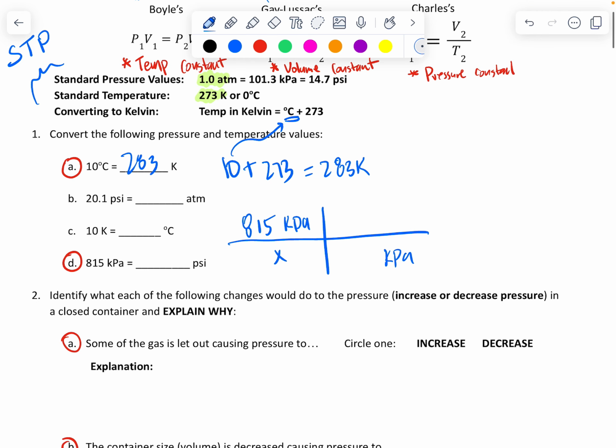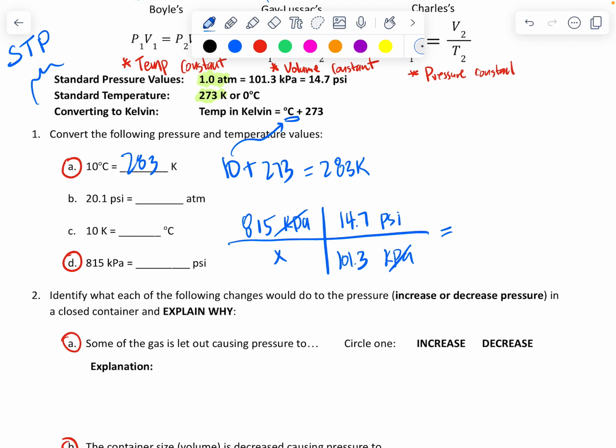If you look up to the standard pressure values, what's the conversion factor of kPa? That is 101.3, right? Now, to go to psi, we have to use 14.7 psi, right? That's about it. The kPa units go away, and I'm just left with psi.